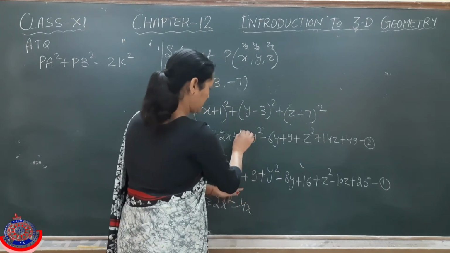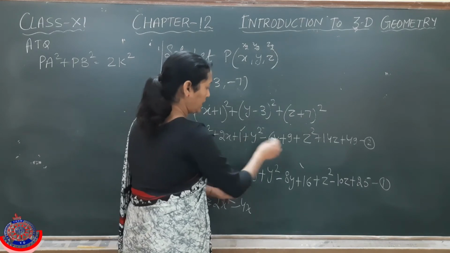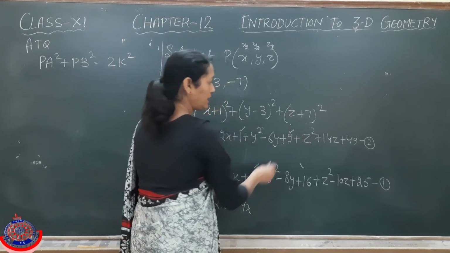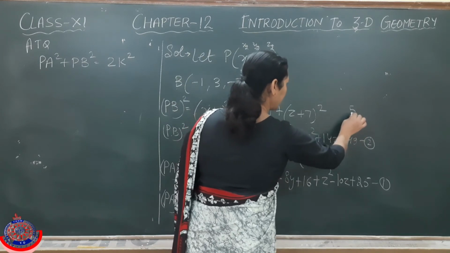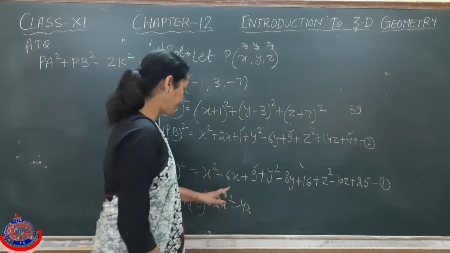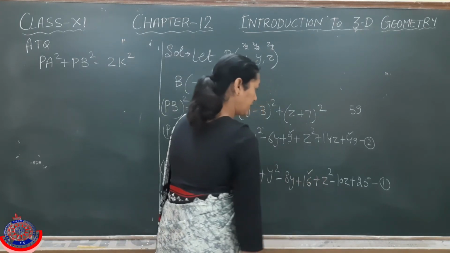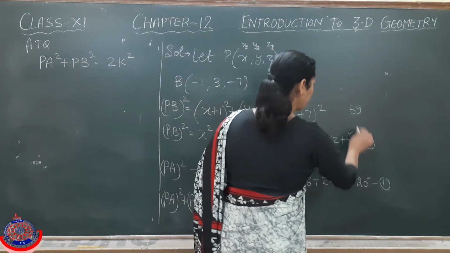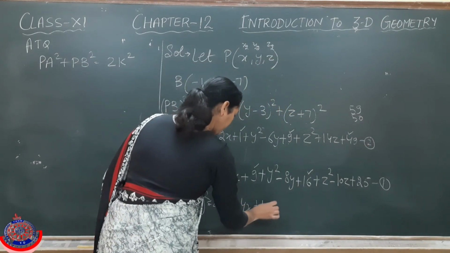Then the constants: 1 and 9 gives us 10, 10 and 49 gives us 59. And from here 9 plus 16 is 25, and 25 gives us 50. So we'll be getting 109 from the constant terms.